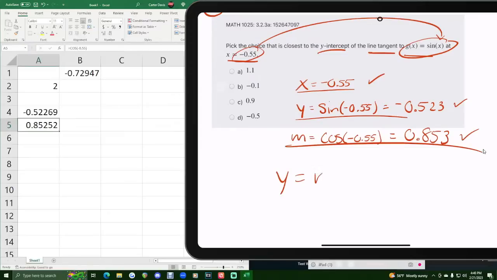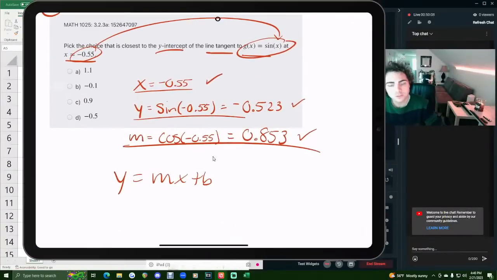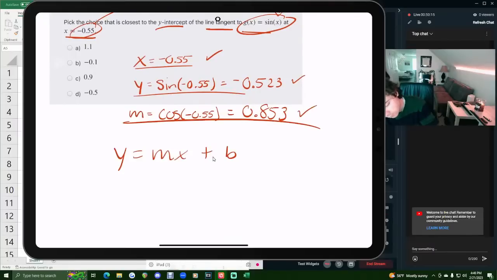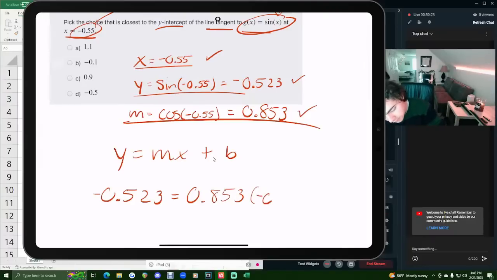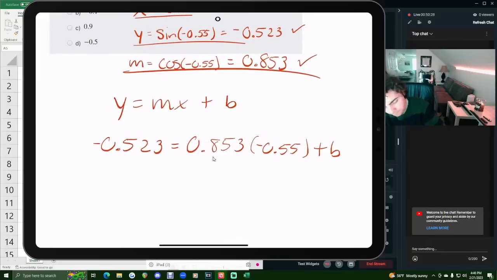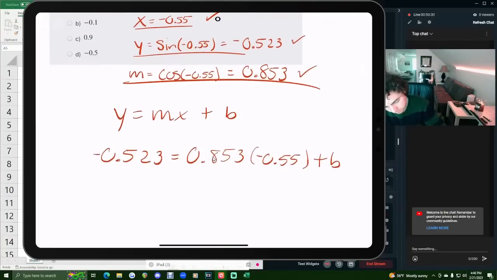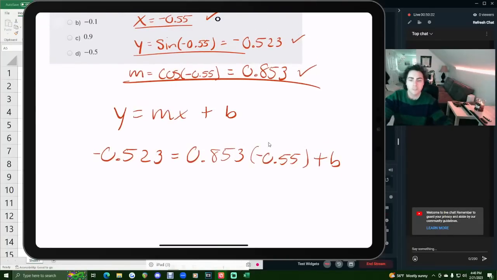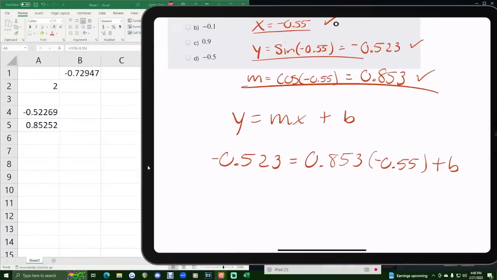So we will plug them into y equals mx plus b. And our goal is to solve for b, which is our y-intercept. So plugging in y, x, and m, we will get negative 0.523 equals the m value, 0.853, times x, which is negative 0.55, plus b. And then let's multiply these two and then subtract it from the left side.